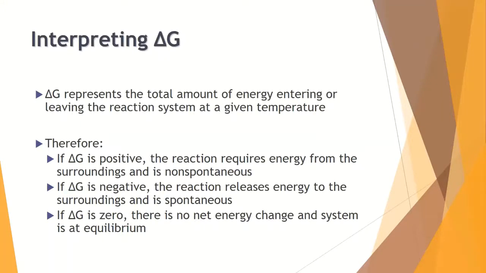If delta G is negative, that means that the reaction is releasing energy in net to the surroundings. That is a good thing. That is a spontaneous reaction. If delta G is 0, there is no net energy change. The system is at equilibrium. And remember, equilibrium is just another way of saying we've got a reversible reaction.